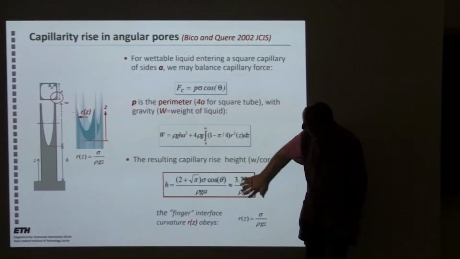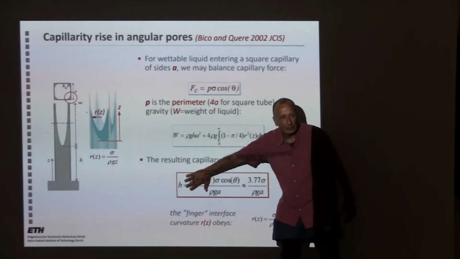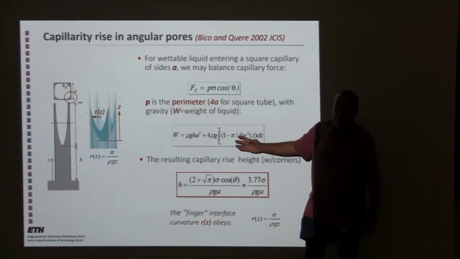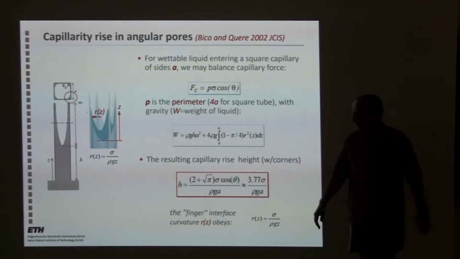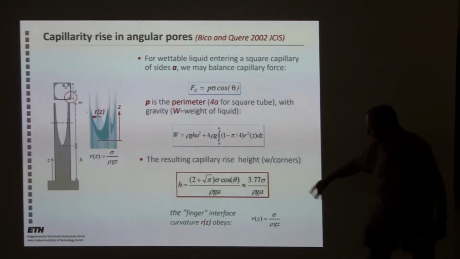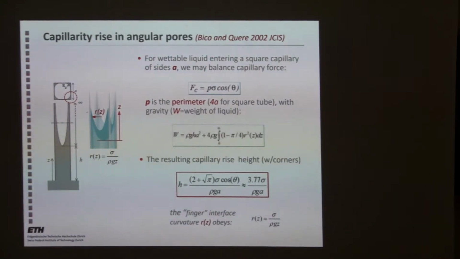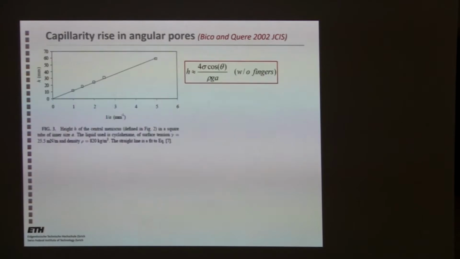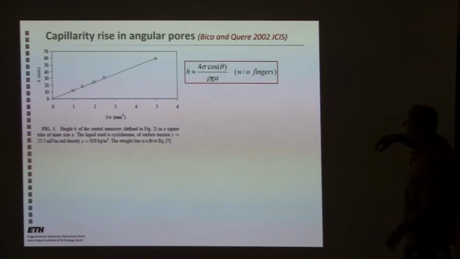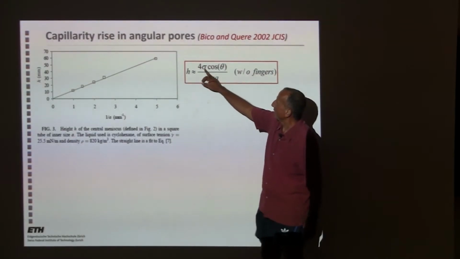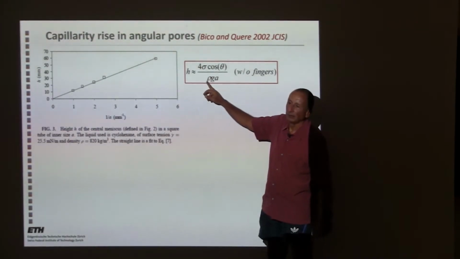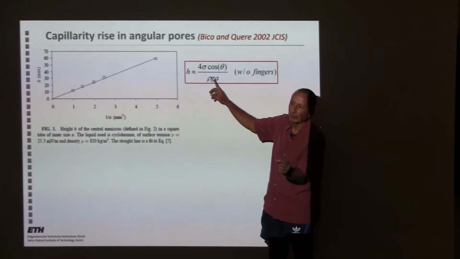So basically, the rigorous solution, because the geometry can be easily integrated, is given here. But for all practical purposes, you can use 4 times the area. Let me show it here. Yeah, so the capillary rise will be simply 4 times sigma cosine of the contact angle over rho g times the side of the capillary.